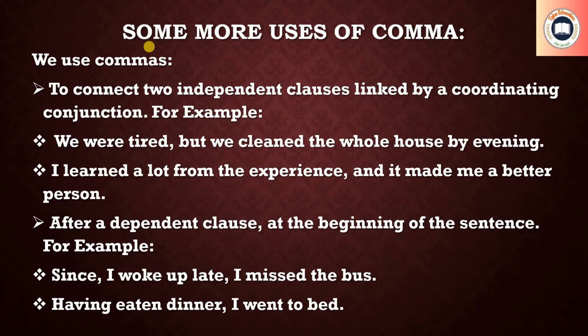Coordinating conjunctions are conjunctions like and, but, and so on. For example, we were tired, but we cleaned the whole house by evening. In this sentence we have two independent clauses: we were tired, and we cleaned the whole house by evening.